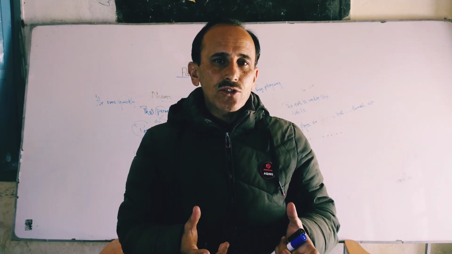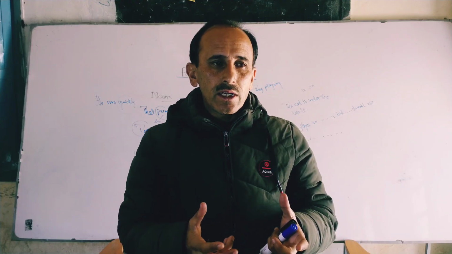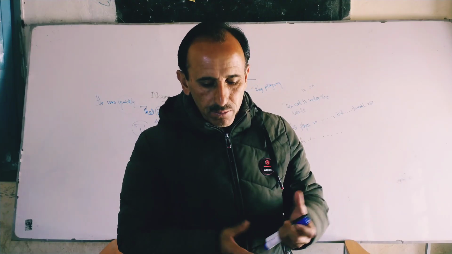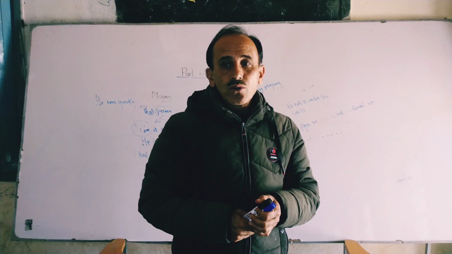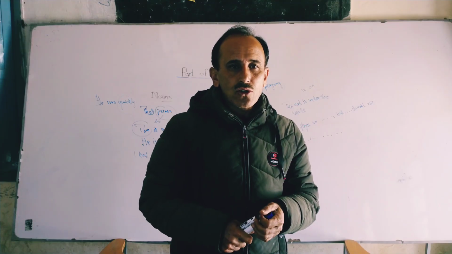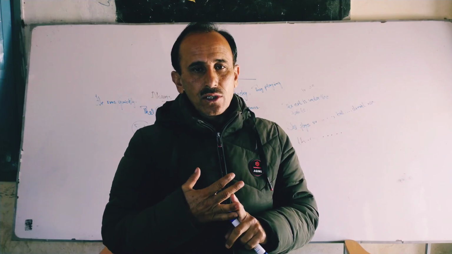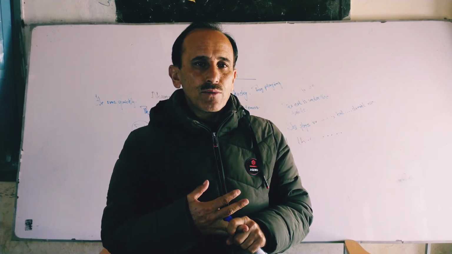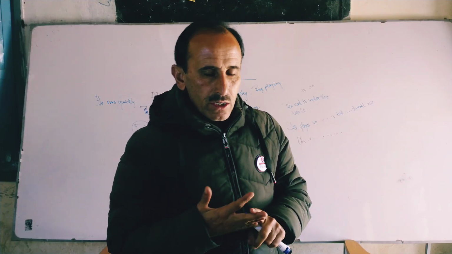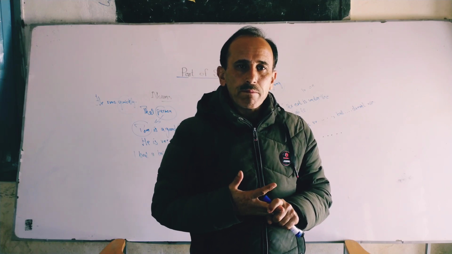Adverb and its kinds. How to use adverb in different places, in different situations. Preposition. How many prepositions are there? Preposition of time, preposition of place, and preposition of reason. How to use them?